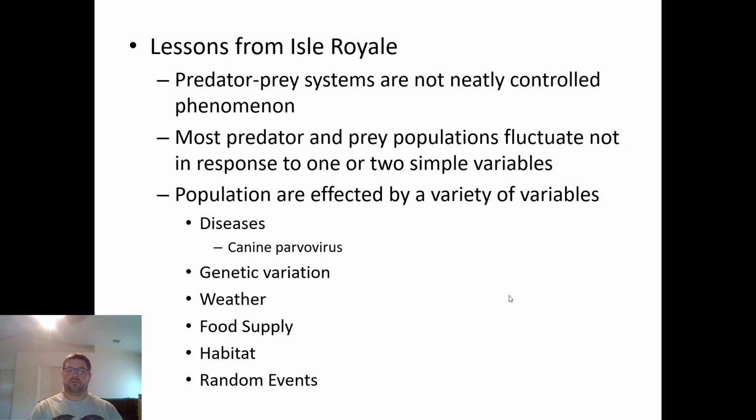Weather, okay, they had some extreme events on the island. Food supply, we talked about this before. When the moose population got to its peak, we're talking 2,500 individuals or so, they pretty much decimated the vegetation, especially the low new growth vegetation. They ate themselves out of food.